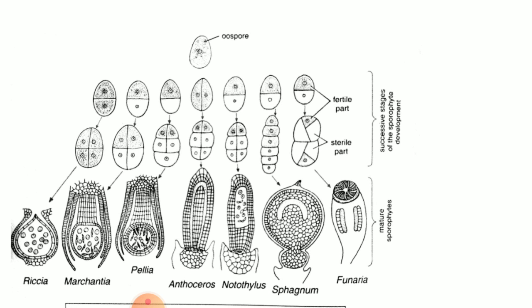Now, the spore dispersal in Bryophytes. The mature sporogonium undergoes certain mechanical changes leading to its dehiscence, and the spores are dispersed from the parent plant. There are some structures present inside the sporogonium which help in this spore dispersal process.